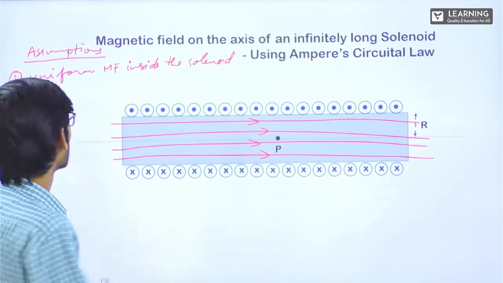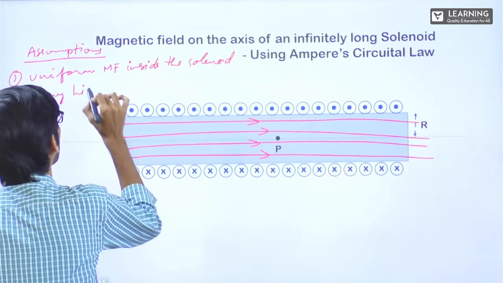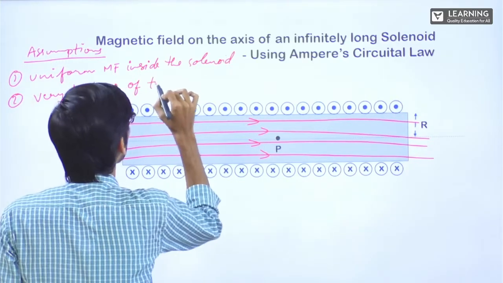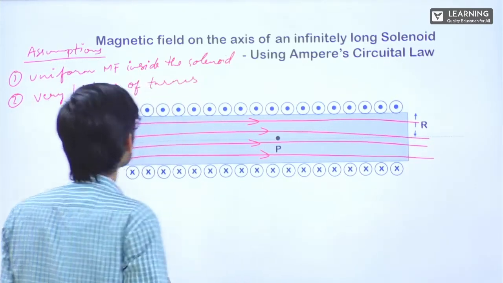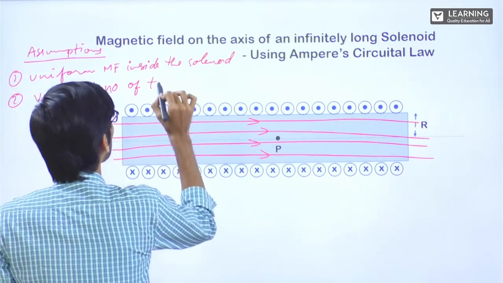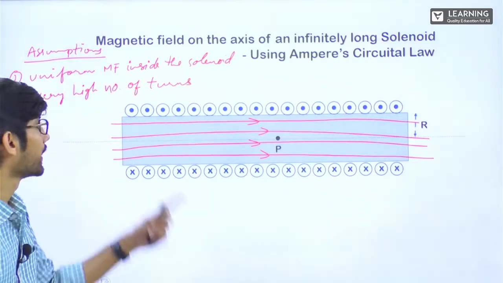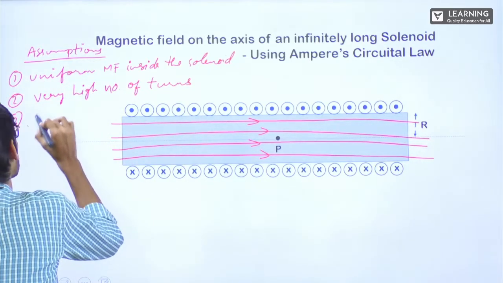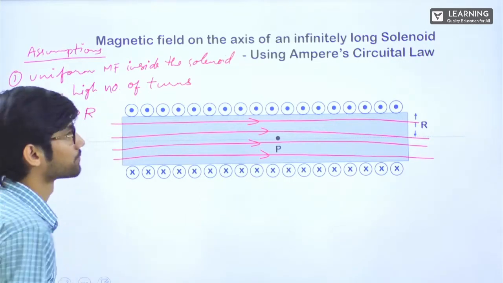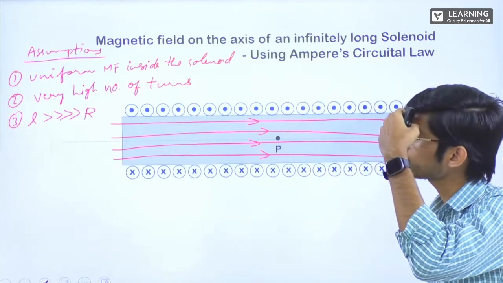Second is a very high number of turns. Third, since it is infinitely long, L is very much greater than R. Clear?